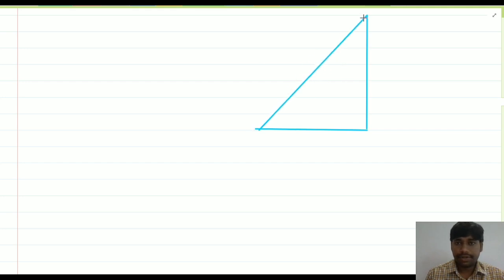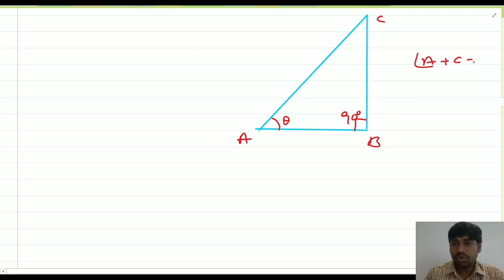Look here carefully. This is a right angle triangle. In this, what angles are possible for us? We know clearly, this is A, this is B, and this is C. This is 90 degrees, very clear to us. Then angle at A plus angle at C together should be equal to 90, because the sum of the interior angles of a triangle is 180.